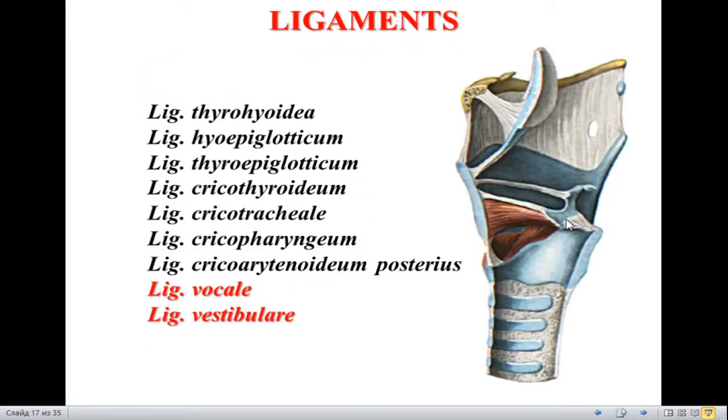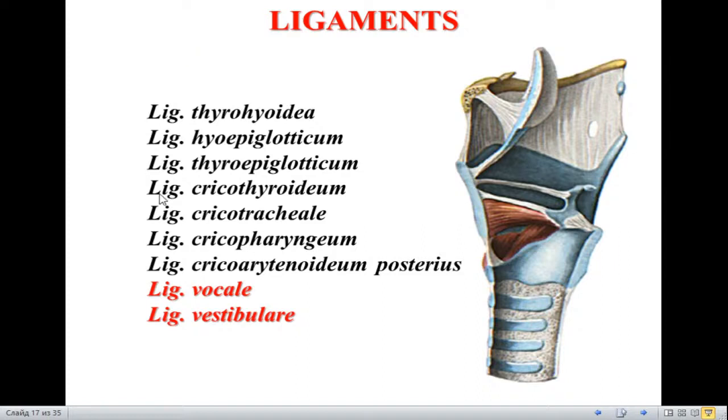Ligaments. Ligaments of the larynx are skeletal and proper ligaments of the larynx. Skeletal ligaments: thyrohyoid, hyoepiglottic, thyroepiglottic, cricothyroid, cricotracheal, cricopharyngeal, cricoarytenoid.